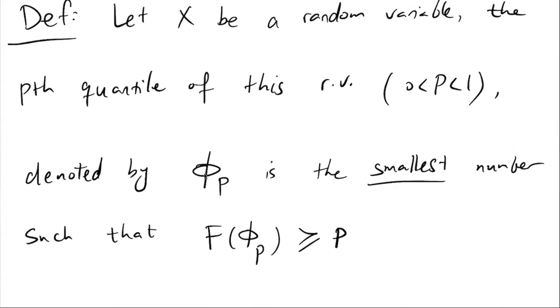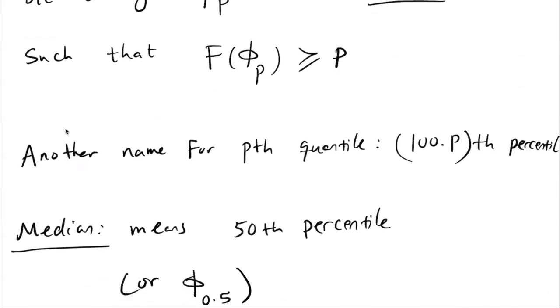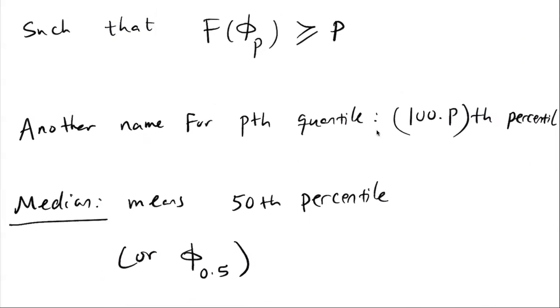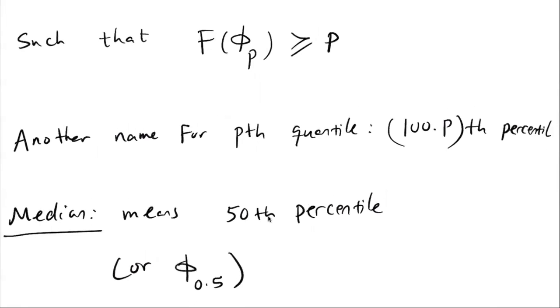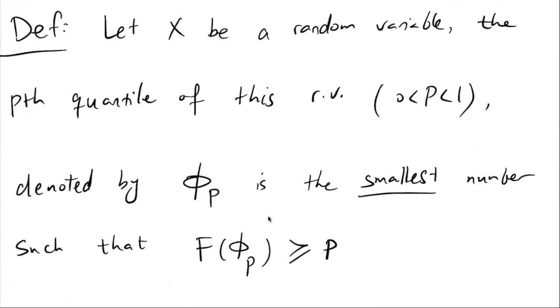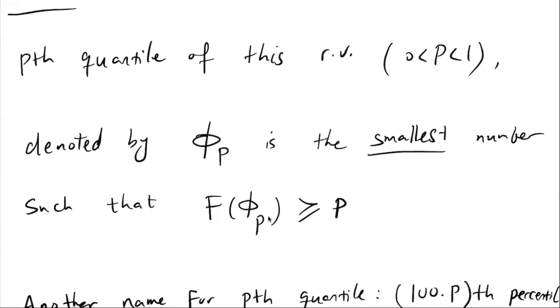We can denote the median with phi sub 0.5, or call it the 0.5 quantile, or the 50th percentile, which is 100 times p. So the median is phi sub 0.5, or the 50th percentile, or the 0.5 quantile. And this is the general definition for percentiles for any number p.